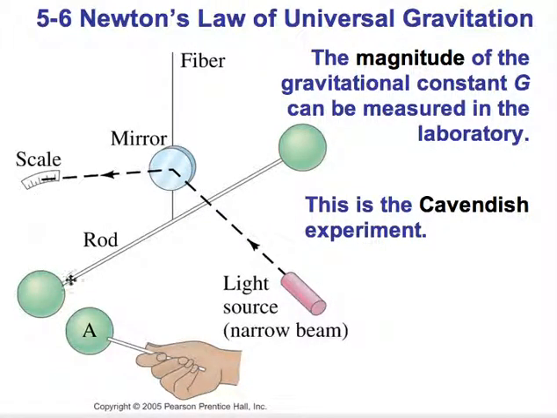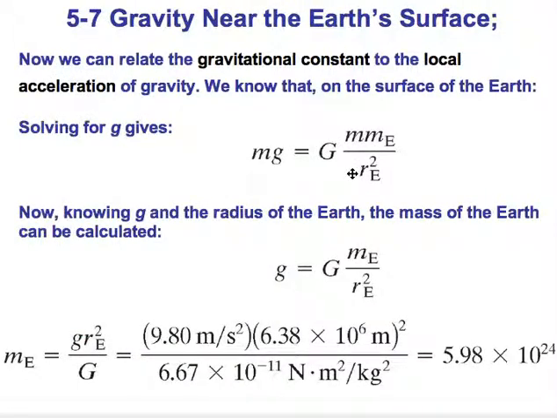And anyway, once big G was experimentally determined accurately, we could weigh the Earth. So Cavendish was the first person to weigh the Earth. How did he do this? Well, he knew that the weight of an object should be equal to mg, little g this is, right?